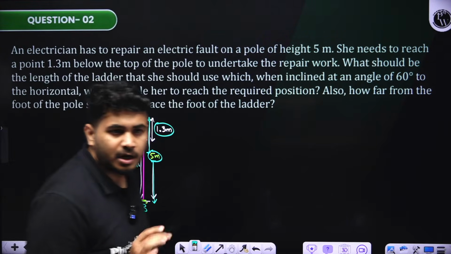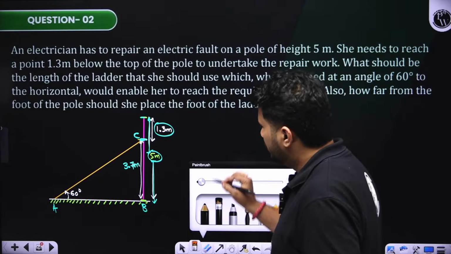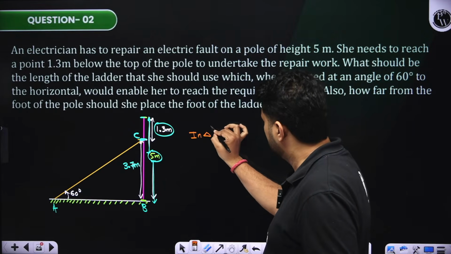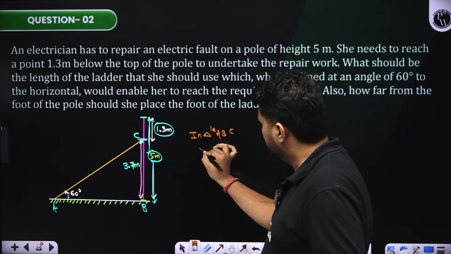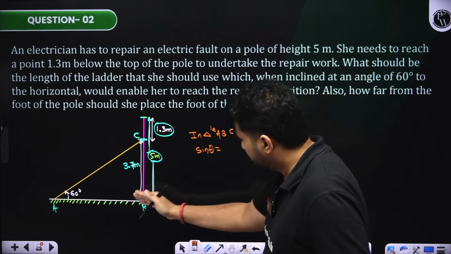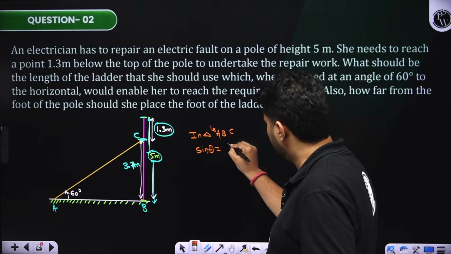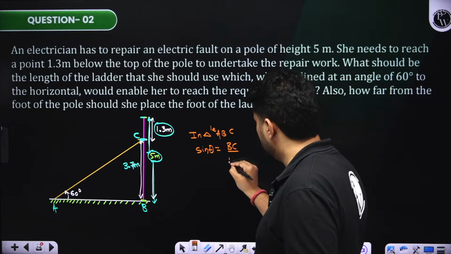Clear? Understood? Now, if this is clear, what are we remaining with? In triangle ABC, sin theta is opposite divided by hypotenuse. I know the opposite, BC, and I can find the length of the ladder, which is AC.